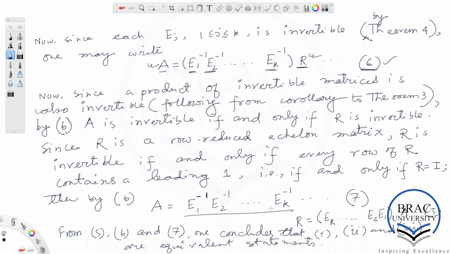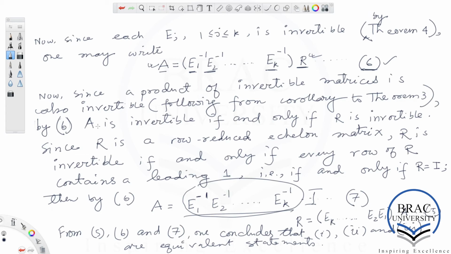So A is invertible is equivalent to A is row equivalent to the n times n identity matrix, so that you can write A to be equal to this times I, meaning that A is row equivalent to the identity matrix itself, right?